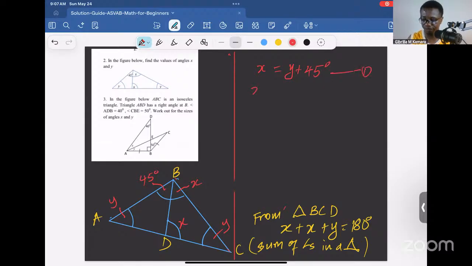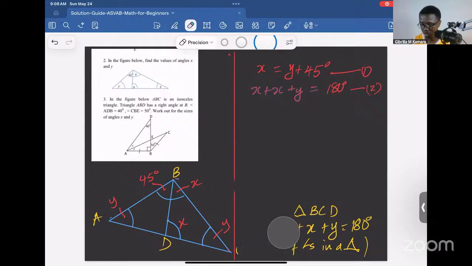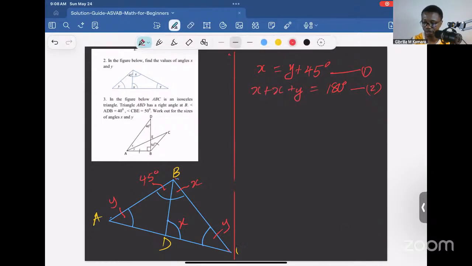Then we also have X plus X plus Y as 180 degrees. This is equation 2. So now we just have simultaneous equations. From angles to simultaneous equations. Isn't it wonderful?